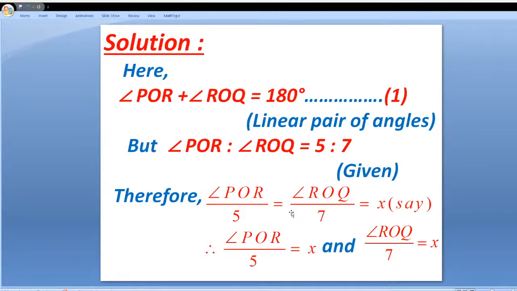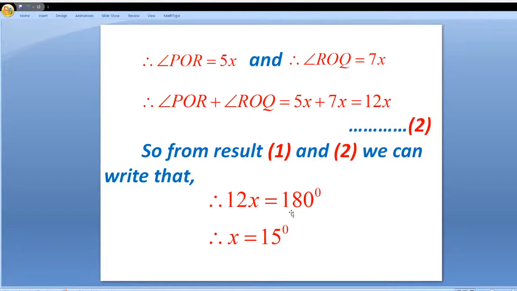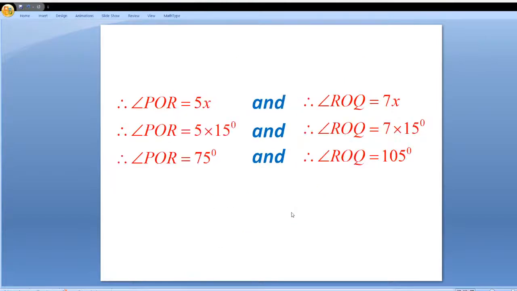Therefore angle POR is equal to 5x and angle ROQ is equal to 7x. Then take the sum of these two, angle POR plus angle ROQ is equal to 12x. Say this is result number second, and comparing result number first and second, 12x is equal to 180, therefore x is equal to 15.